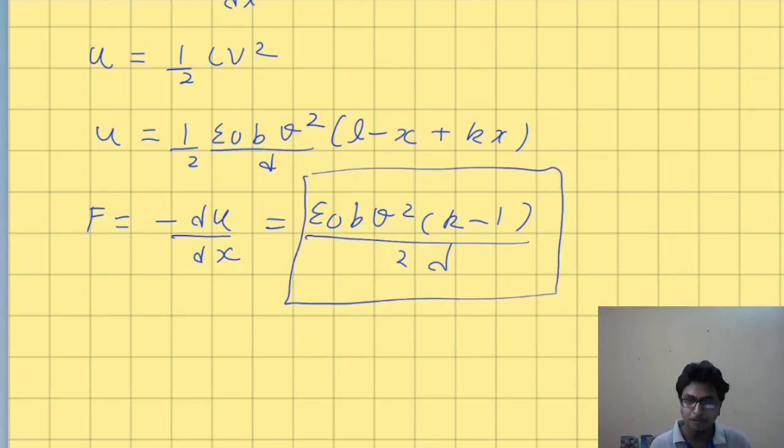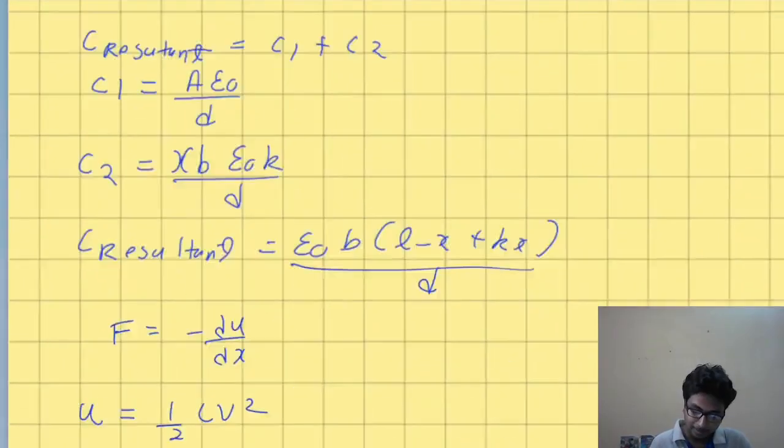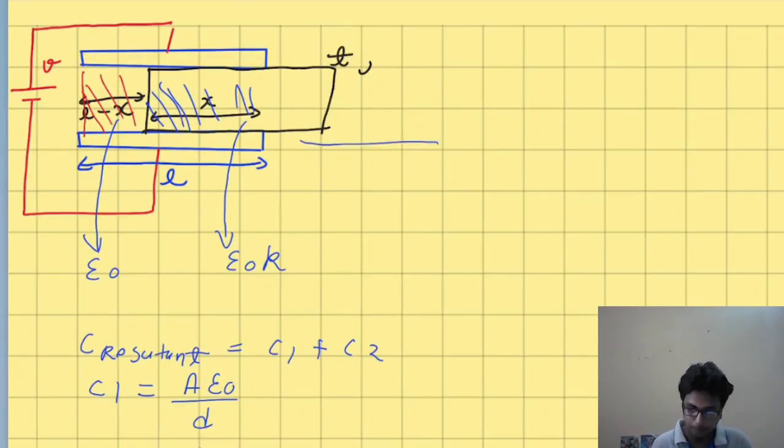Now, something interesting about this force is that it will be a constant force, because it is not dependent on x or any time-varying quantity. Also, as this force is positive, since K is greater than 1, it will act in this direction, as the element dx is taken in this direction only.